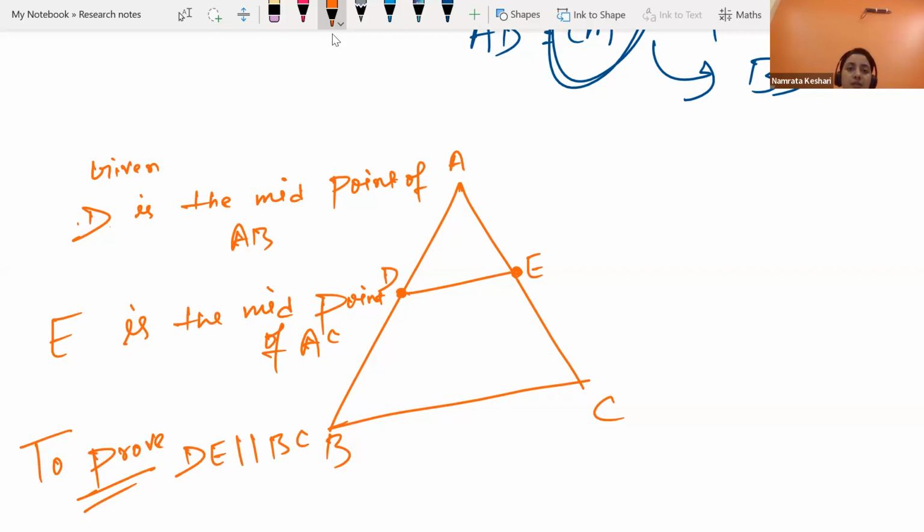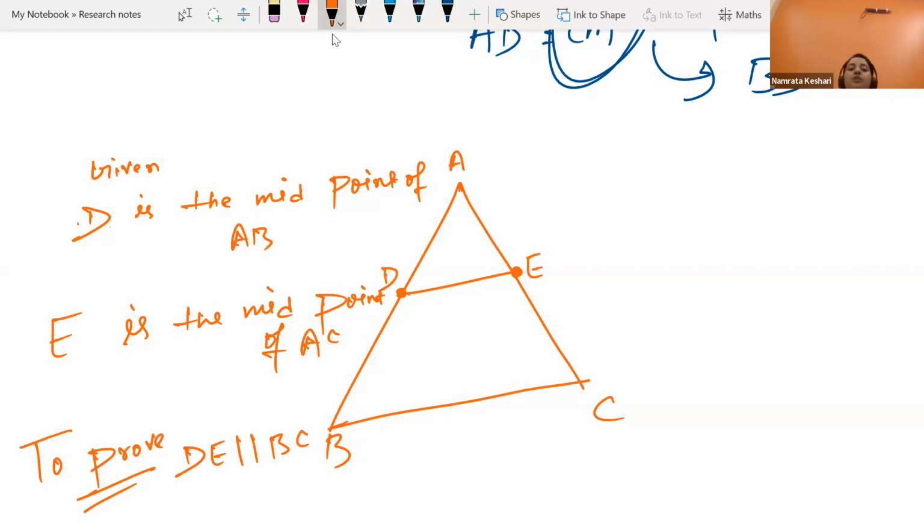The line segment obtained by joining the midpoints of two sides of a triangle is parallel to the third side. So if you know that there is a midpoint of one side and a midpoint of another side, and you are joining the midpoints and getting a line segment, that means that line segment will be parallel to the third side. That's what we have to prove.